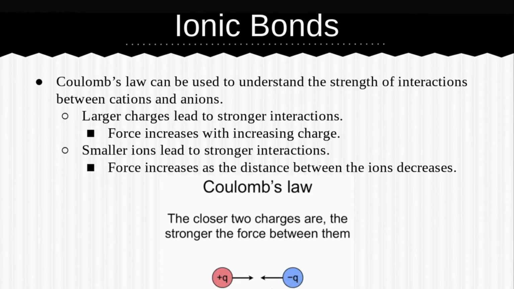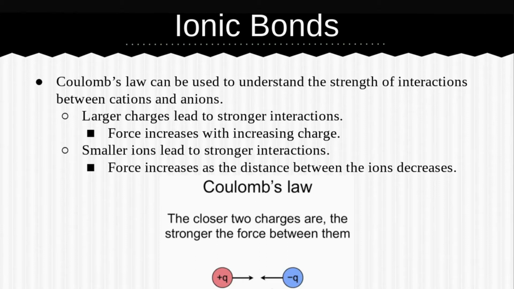When we're dealing with these forces, we want to look at the strength of the interaction, and that can also deal with the energy of the bond. We use Coulomb's law to understand the strength of the forces between cations and anions in an ionic bond. Remember that Coulomb's law is force equals charge over distance, basically.